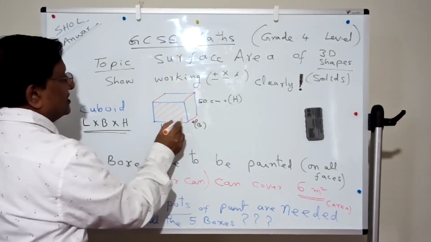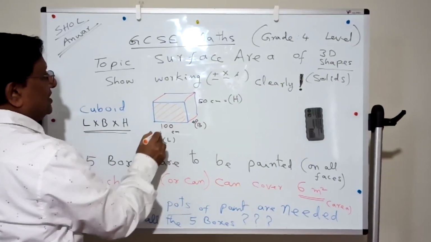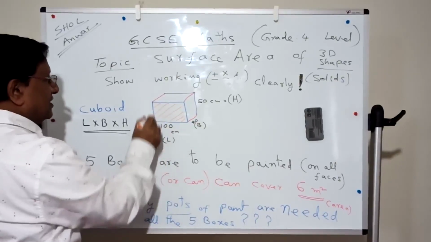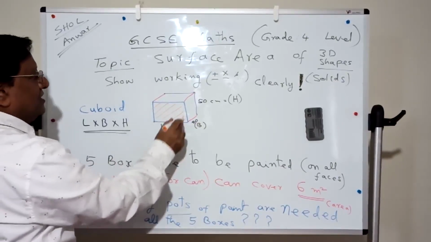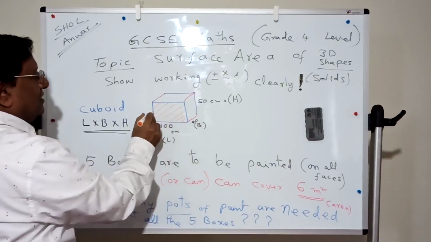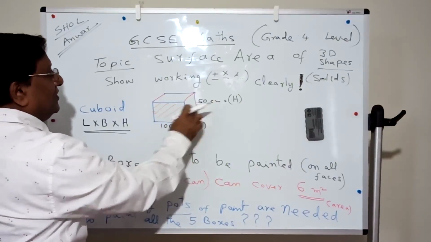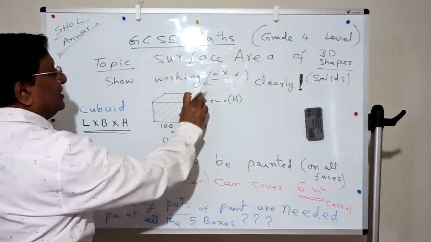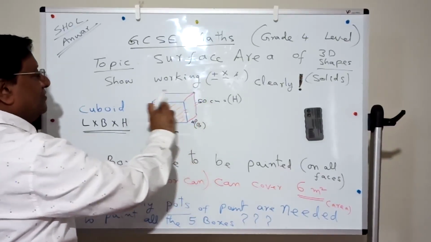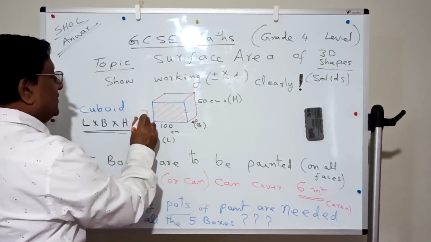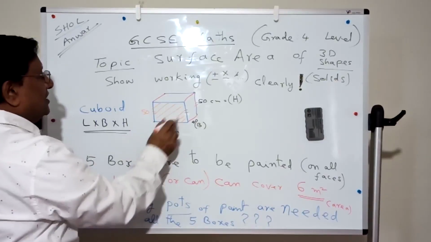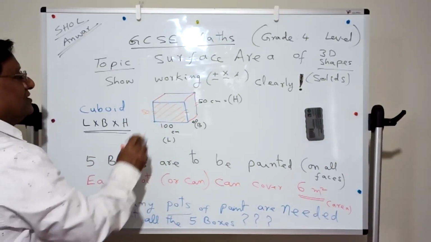The area of this one is how much? 100 times this length. This length is equal to this length, equal to this, so you can just take the 50 height. So 50 times 100 is the area of the front face.